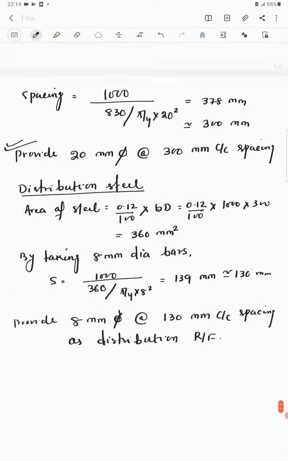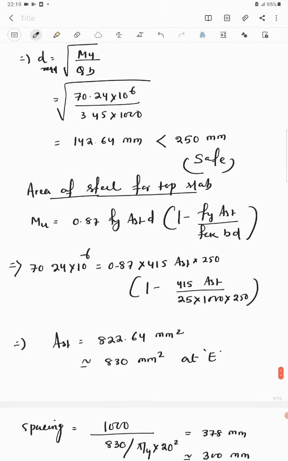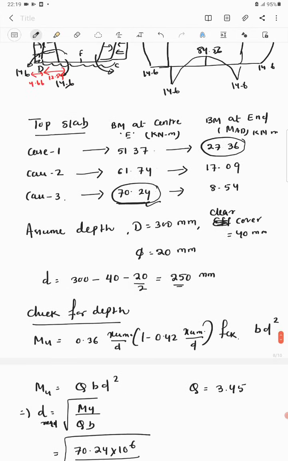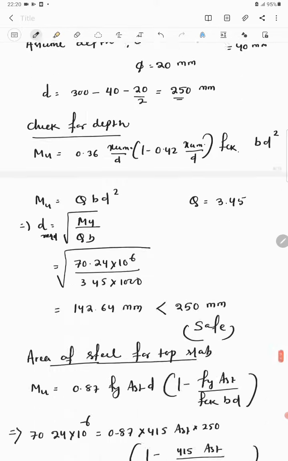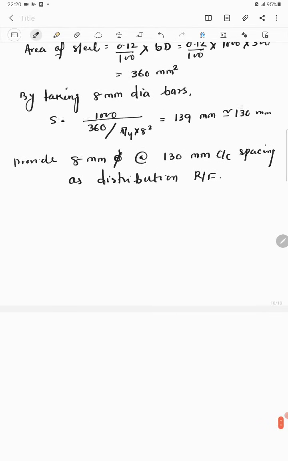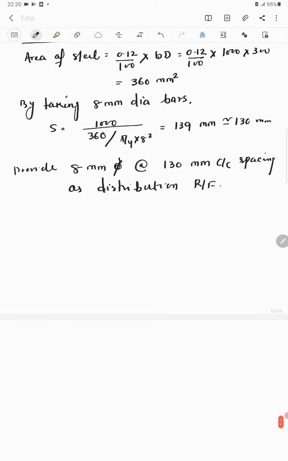Whatever we have calculated here is to resist 70.24 kilonewton meter, which is the bending moment at the center, at E point. Now we can find for the end, which is less than that.